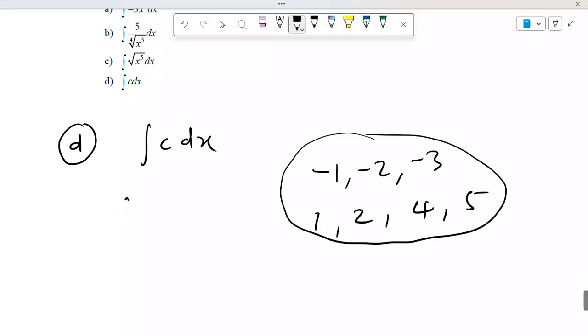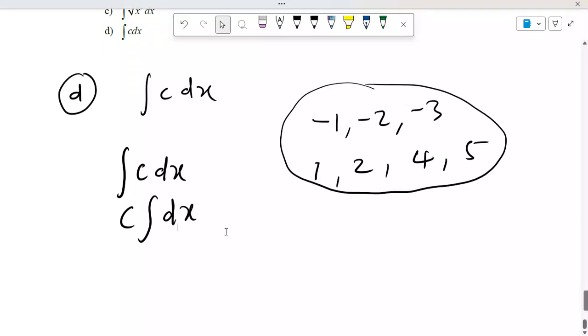Okay, so you say c dx. So we take out the c. I said c is a constant, so we say c dx. What you should know, you remember from our previous discussion, any variable to the power 0 is what? 1.